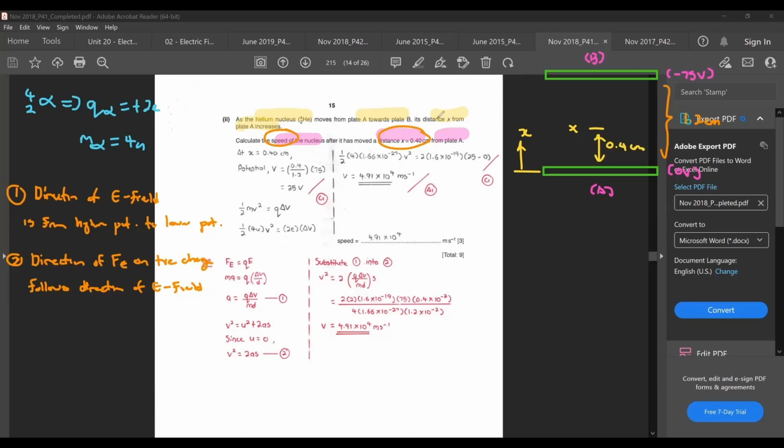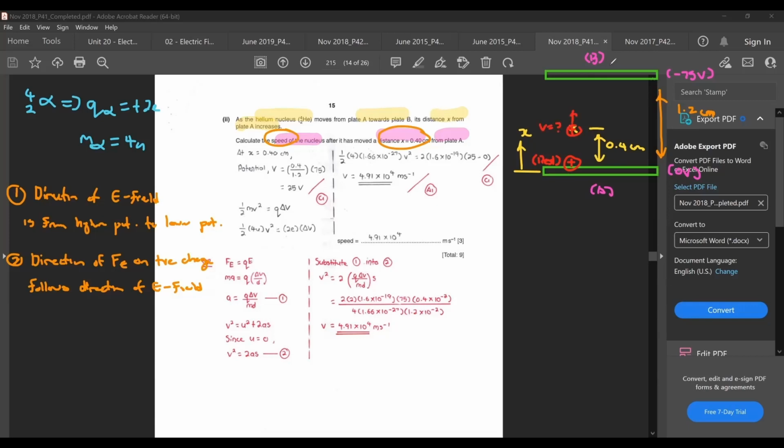And then this part here, the full length was 1.2 centimeter. So your alpha particle, same as before, it tried to move from here all the way to here, but this one was moving from rest. So when it moves all the way to here, you will have a certain speed.